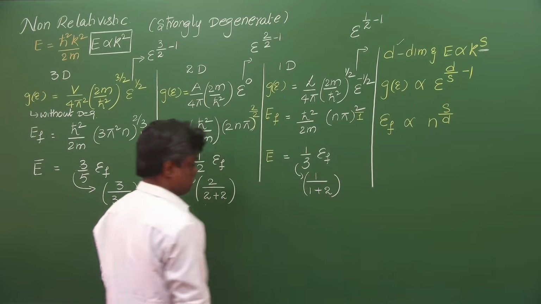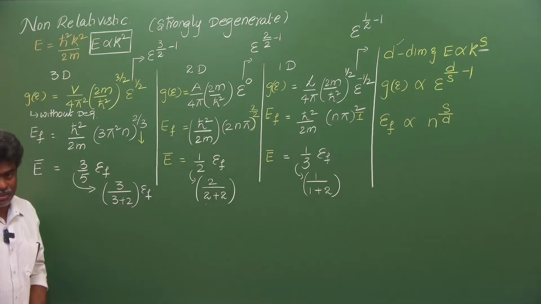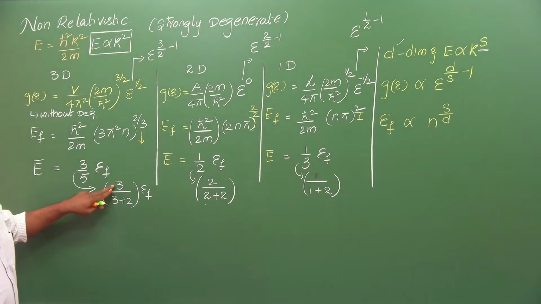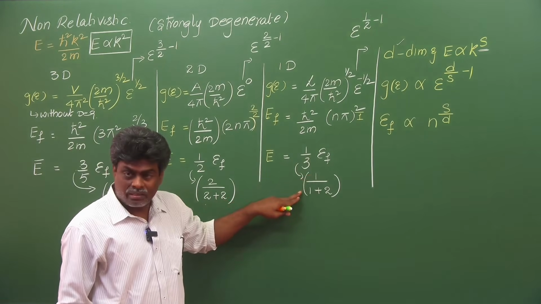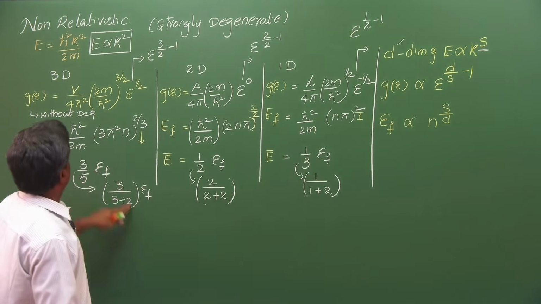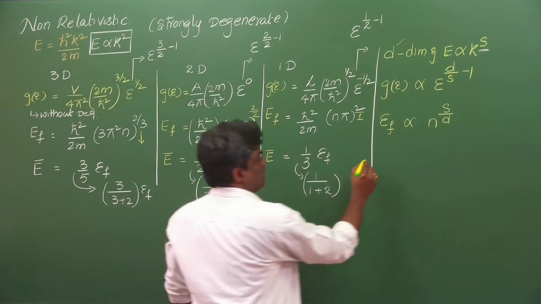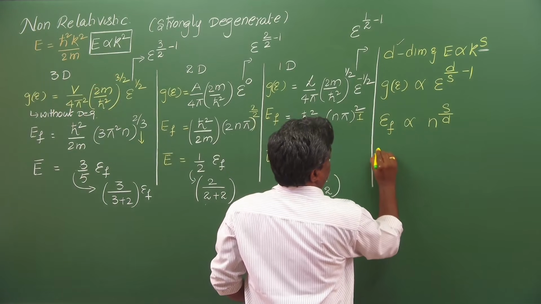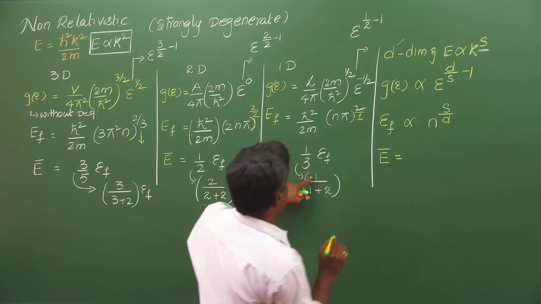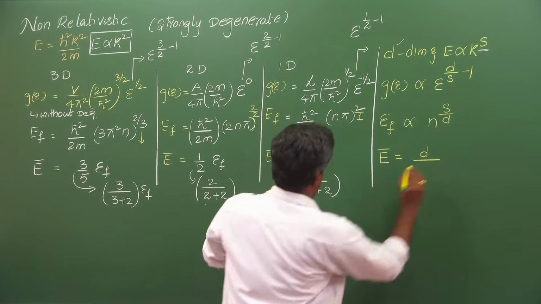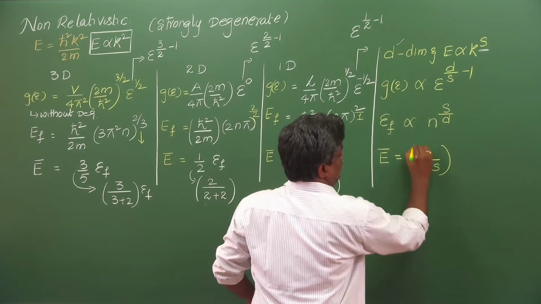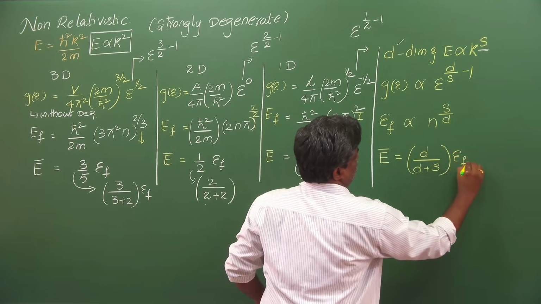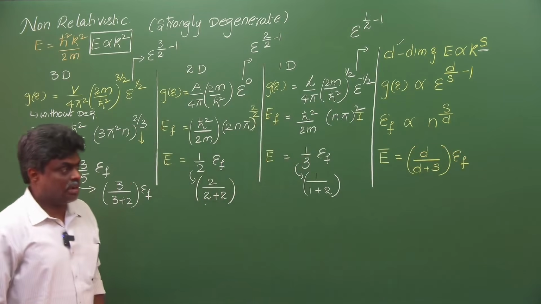Shall I? Now see, this 3 for dimension, 2 2, 1 1. Now tell me, the average energy, more general, 1 for dimension, into EF.